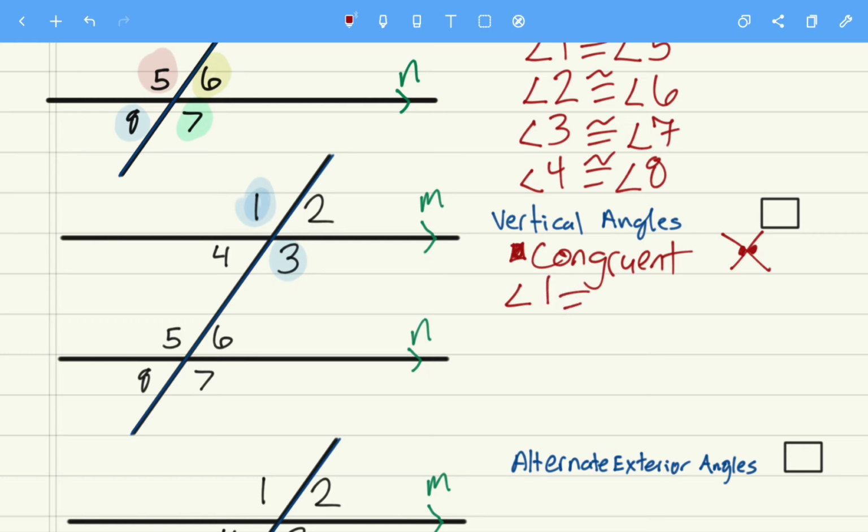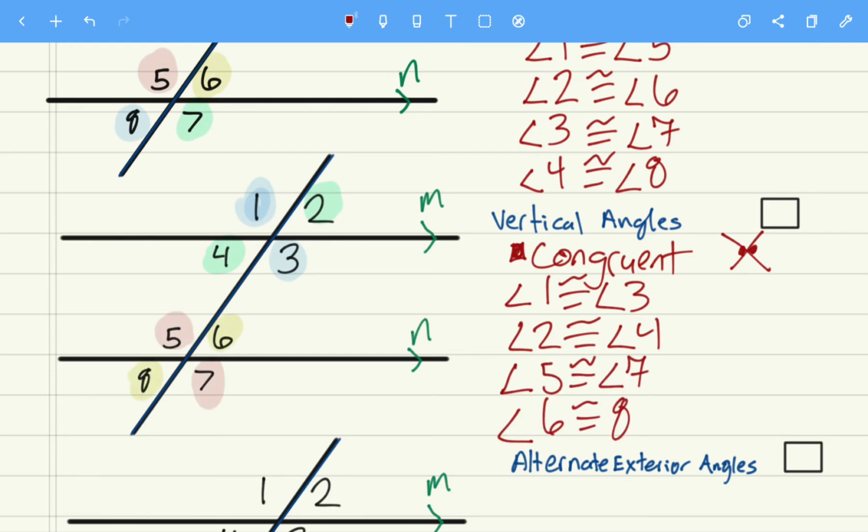So we know angles 1 and 3 are congruent. We could say angles 2 and 4 are congruent as well. Feel free to fill out the rest. Angles 5 and 7 are also another set of vertical angles, and so are 6 and 8.